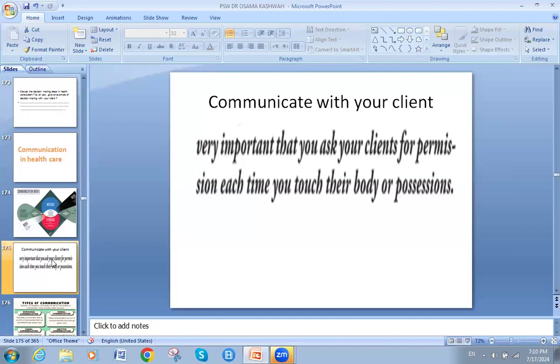You are dealing with clients who are patients, having illness, having mental disabilities, having accessibilities, having problems. So in all the cases you will deal with these clients, you have to make sure that you deliver the information as it's supposed to be, and that you receive feedback from them as well.